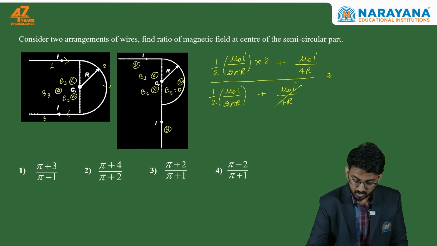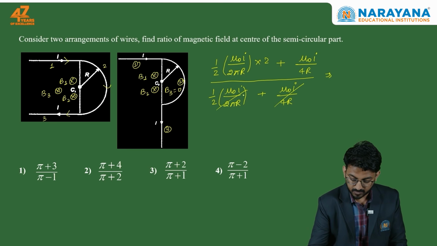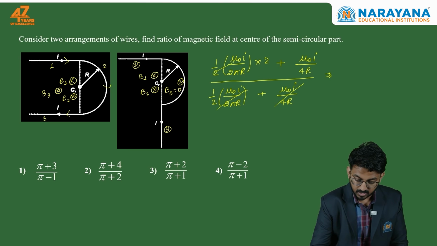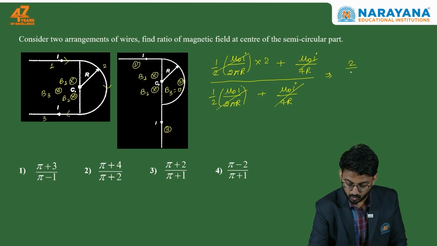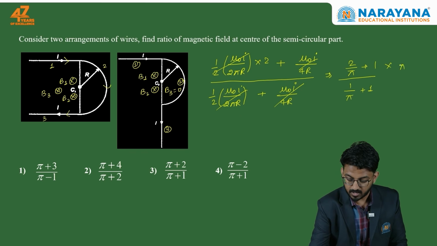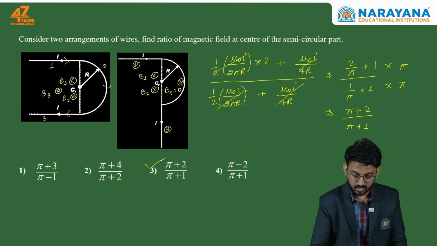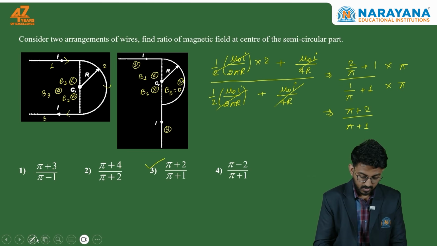So this entire term except for pi, and this entire term. So I'm left with 2 over pi plus 1 divided by 1 over pi plus 1. If you multiply and divide by pi, we get pi plus 2 divided by pi plus 1 as the answer, which is the third option in this case.